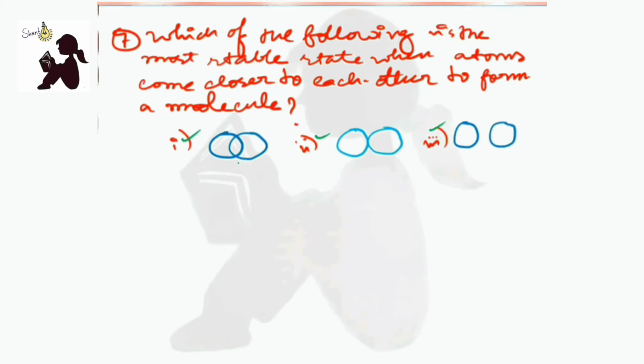So I'm not going to tell you that here, but from the diagram you can just see that in the first case they are overlapping each other here, right? And here they are not overlapping, and here they are distant from each other. So what is the most stable molecule, so that the atom is being like this?